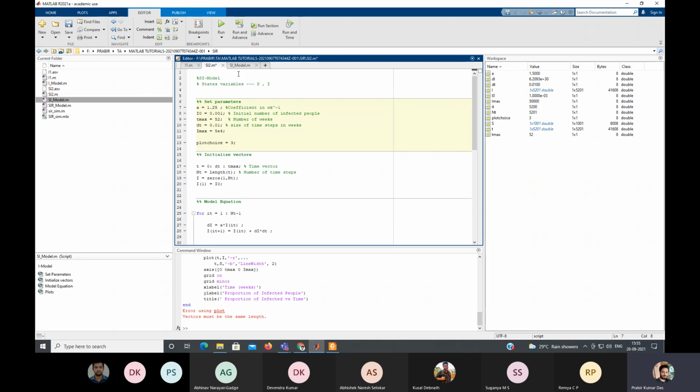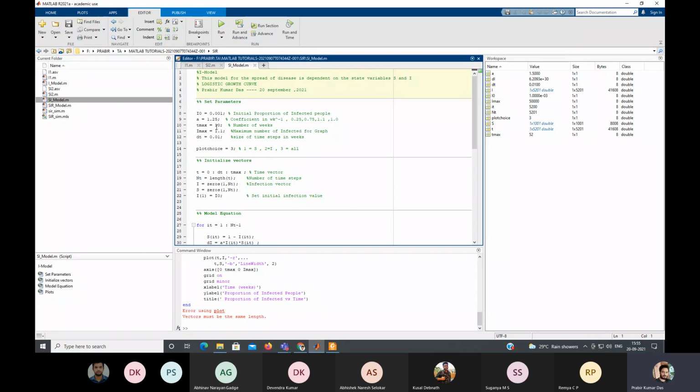Let's change this value to 2.5. This is 1.1.